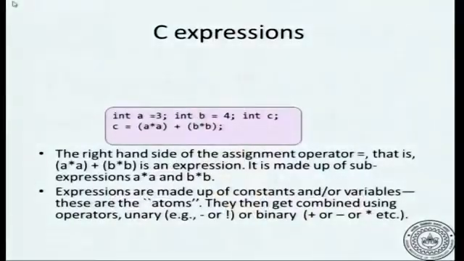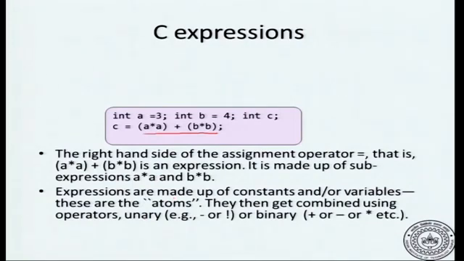So let us consider a few example expressions. For example, I have the following: A is 3, B is 4, and I have a variable C which is just declared to be of type int, and then say that C equal to A times A plus B times B. So this is the assignment operator, and the right hand side is an expression, and that expression has sub expressions A star A and B star B within parentheses.